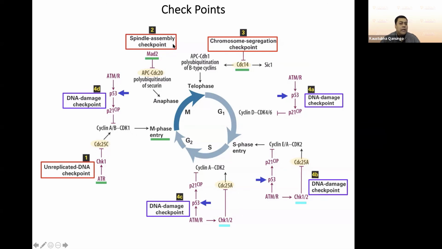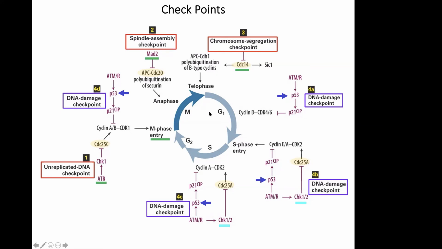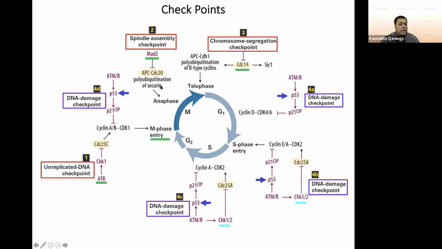The second one is the spindle assembly checkpoint, which is activated by MAD2, which will inactivate the polyubiquitination of securin. What this protein does, remember that we saw it in the last part, is that the 2 sister chromatids are bound together with this securin, or the cohesin.